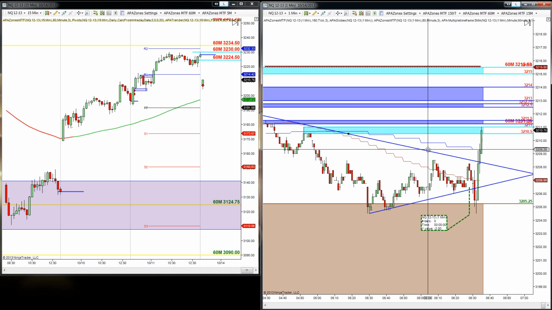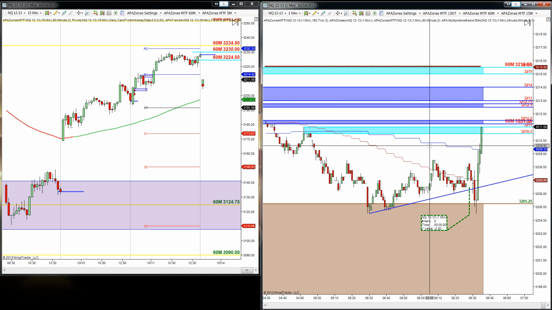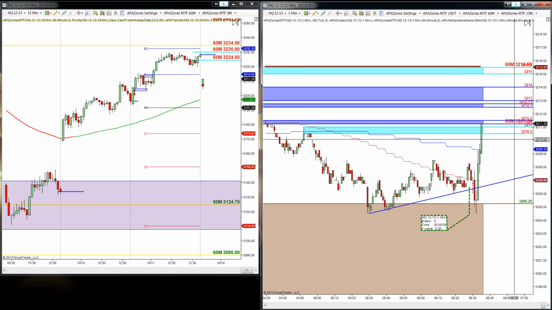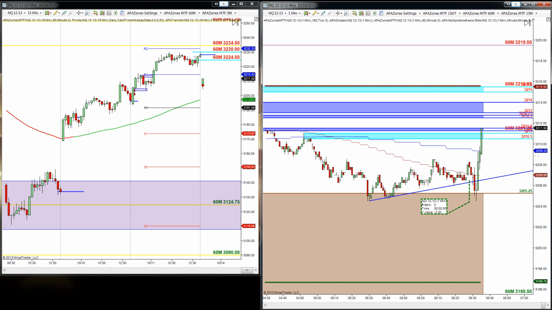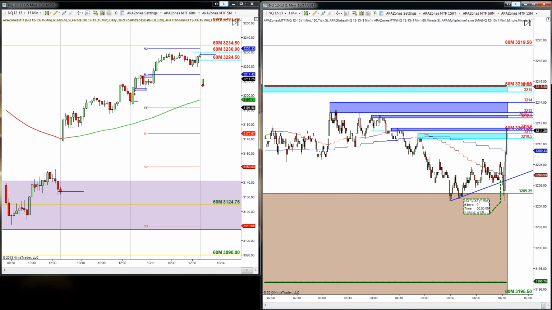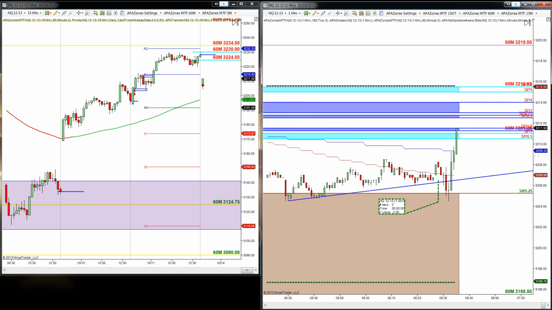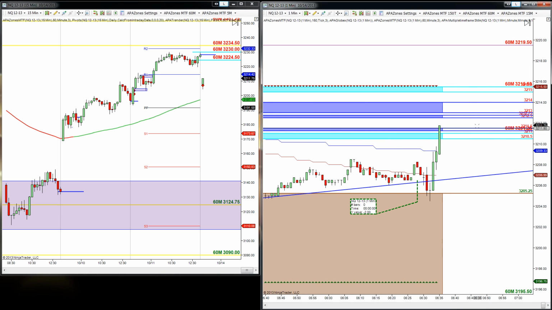Okay, I would say that this trend line is now beaten. I'm looking for that gap closure, gap fill all the way up there.